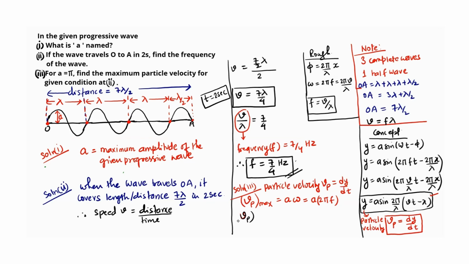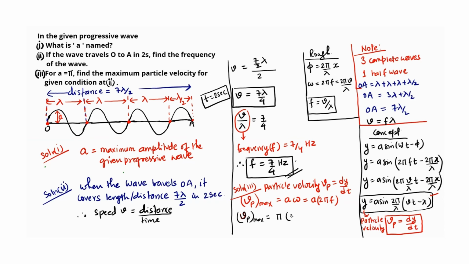Let us put the value. From the question, we are asked to take A equals pi. So A is pi.